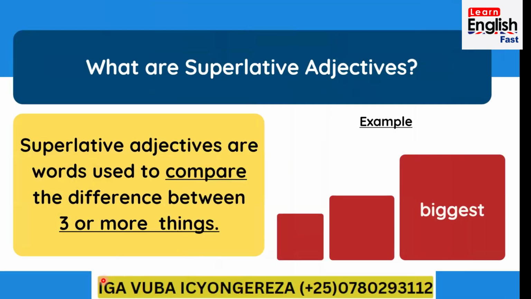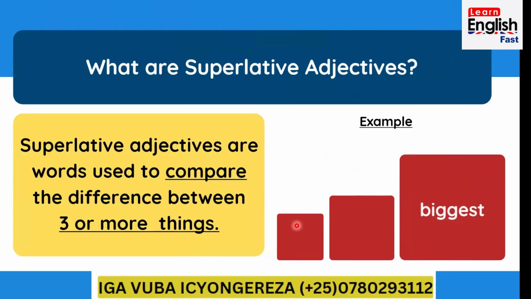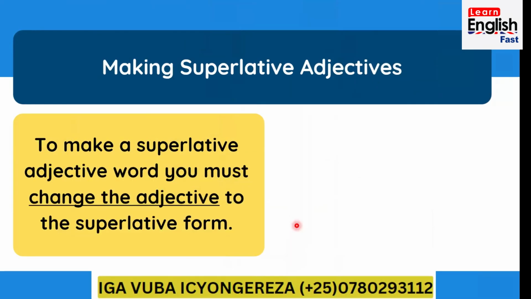Okay? Here we have biggest. Kinini gusumba ibindi byose. Urabona yuko iki gisumba iki kigasumba n'iki, dufite ibintu bitatu hano, ariko iki ni kinini gusumba iki kigasumba n'iki. This is superlative adjective. Now let's see making superlative adjectives.